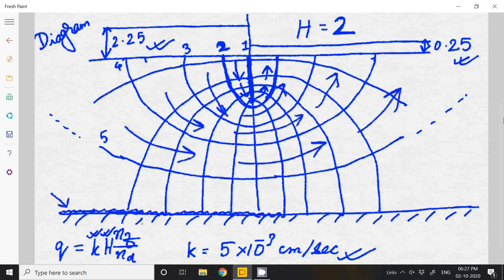So somewhere some particles of water are moving from left to right, isn't it? Somewhere very far away the water particle is coming like this, and then it is moving along the surface of the impermeable layer.